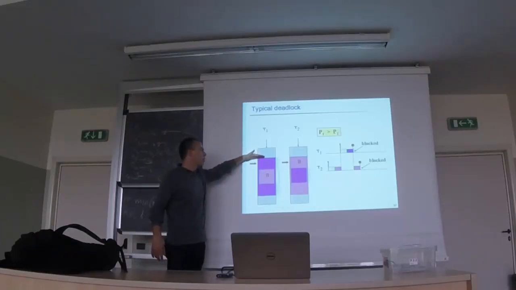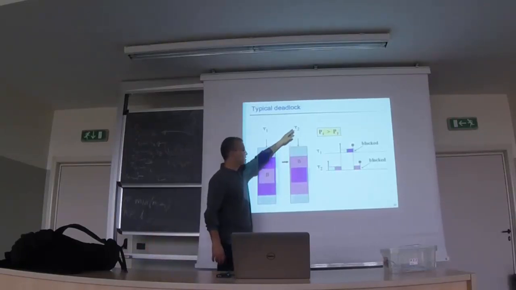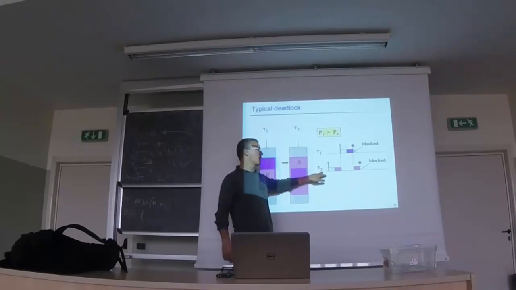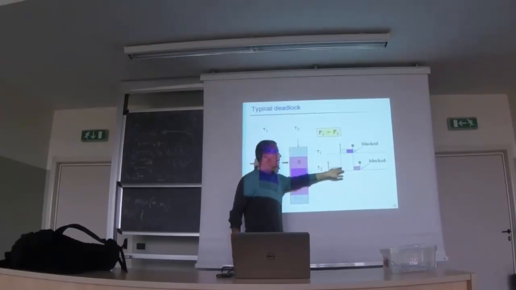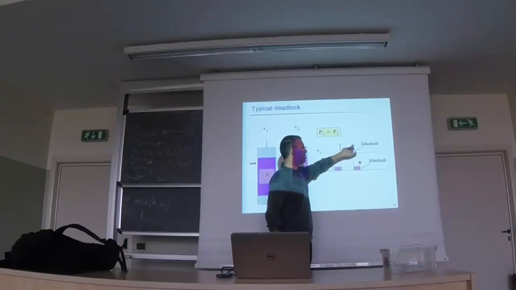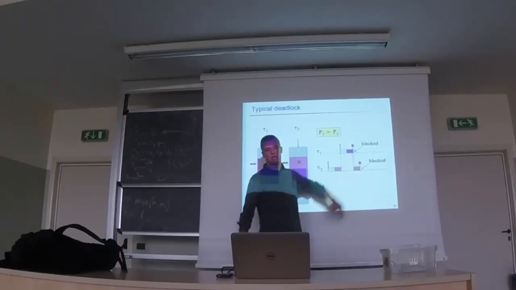Thread 1 locks A, and before releasing A, it locks B. And thread 2 first locks B, and before releasing B, it tries to lock A. If the low priority task arrives, it locks B, if it gets preempted, that one locks A, then it is blocked while trying to acquire B, and then this goes back again to this one. When it tries to lock A, it fails, so you have the deadlock here.